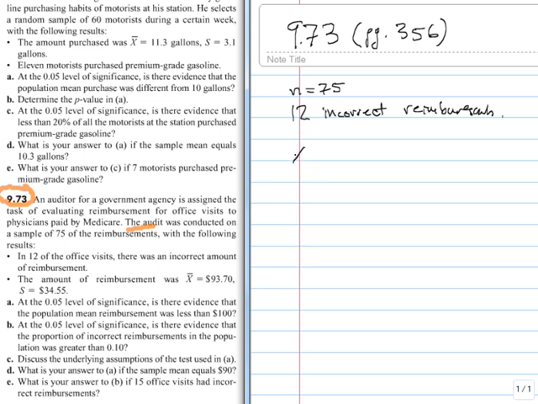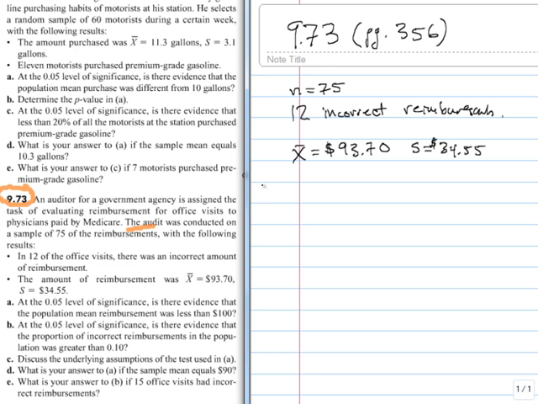So my sample mean from this 75 is equal to 93.70, and the sample standard deviation was 34.55. I'm just listing out these values so that I know what the statistics were. This is different from other problems where we're just given the data. Here we're given the summary statistics.